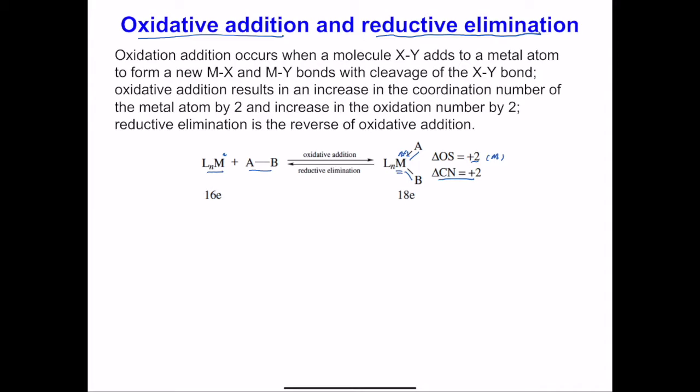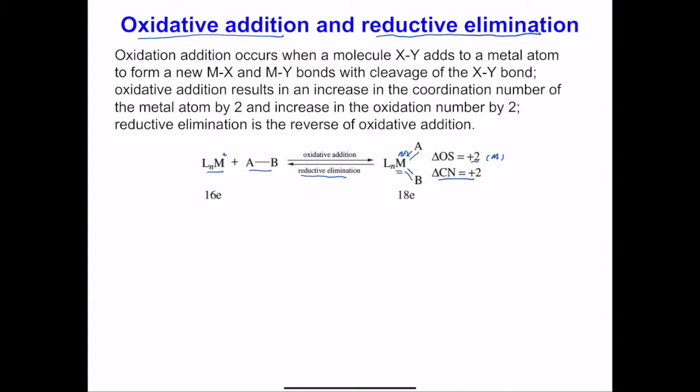That's obvious from this reaction. Just to point out, if you reverse this reaction, you end up with what we call reductive elimination. You decrease the oxidation state by 2 and lower the coordination number by 2 for the transition metal.